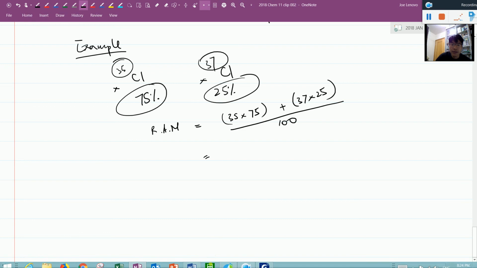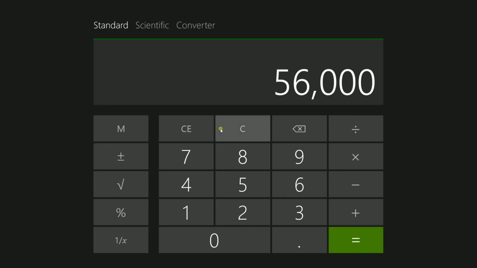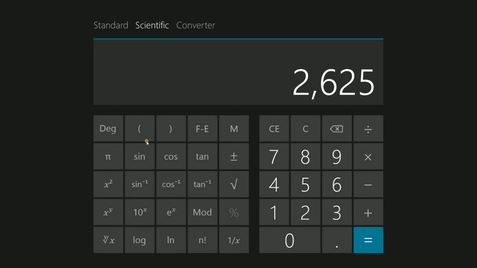Let's do the calculation straight away. 35 times 75 equals that, plus, using the scientific calculator with an open bracket, 25 times 37, close.